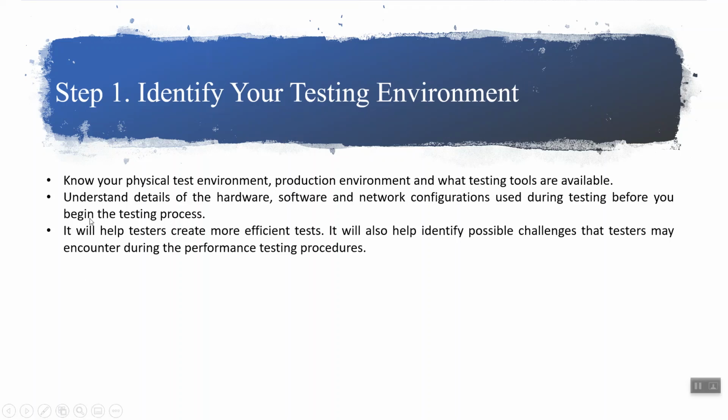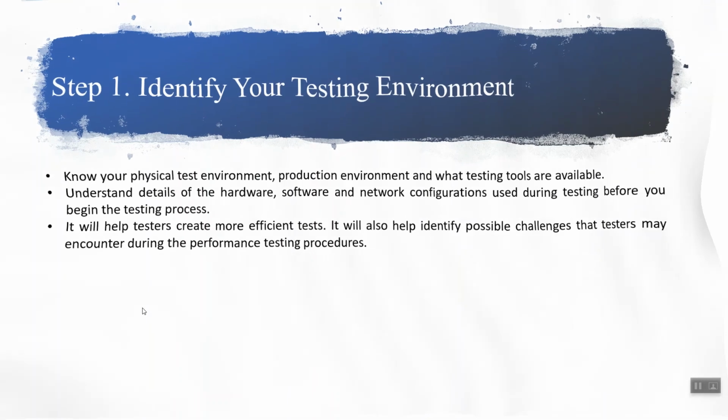And next is to understand details of the software, hardware, and network configuration used during testing before you begin the testing process. So it will help the tester to create more efficient tests. It will also help identify possible challenges that the tester may encounter during the performance testing procedure. So this is all covered in our step 1, which is identifying your testing environment.